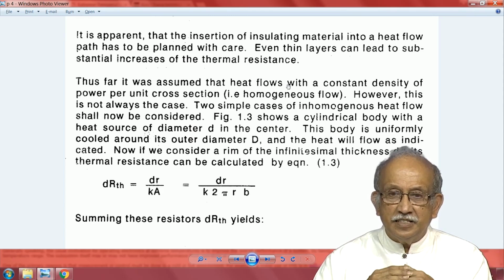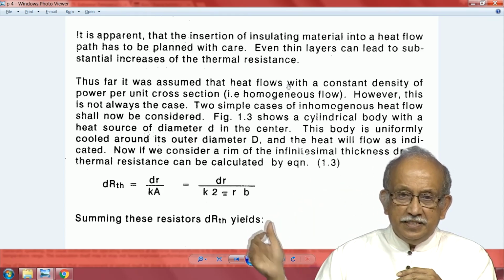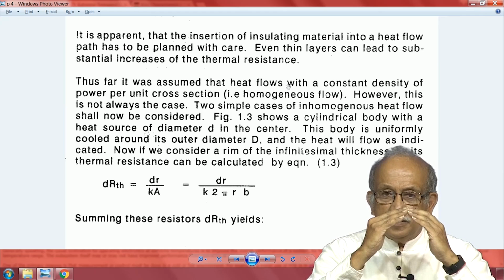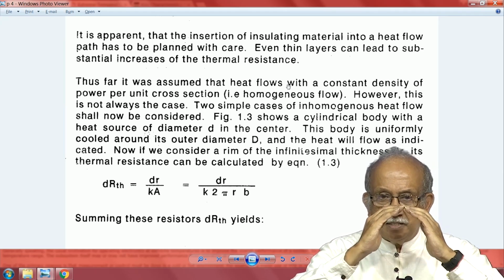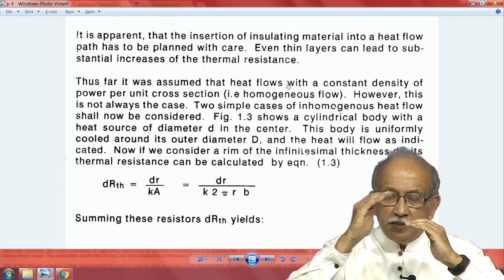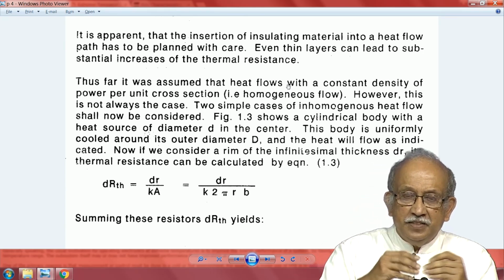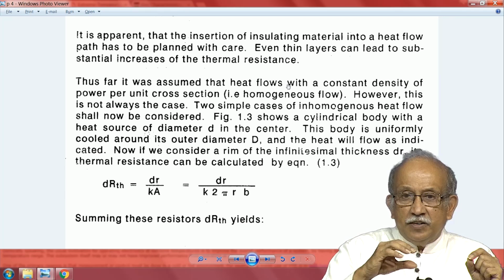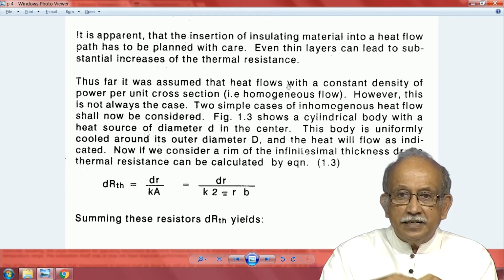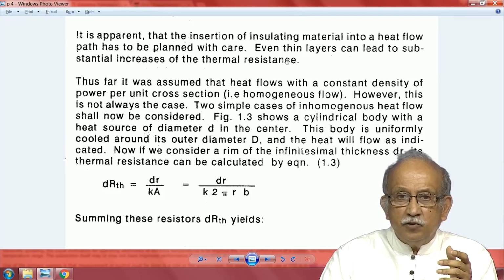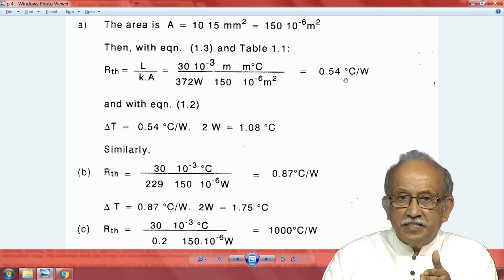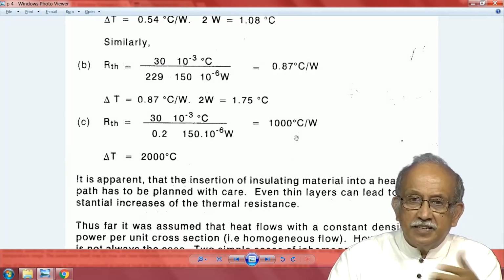In the other correlations given in the references at the back, something called asperity angle has been mentioned, saying if something can be approximated as a small dome like thing, by pressure it will come down, especially if one of the materials is very soft, the other relatively a little harder. As you squeeze them, the pressure seems to increase the contact area. The moment you increase the contact area, this A will go up, and the moment the area goes up, thermal resistance comes down. You see here, thermal resistance comes down, and so on.